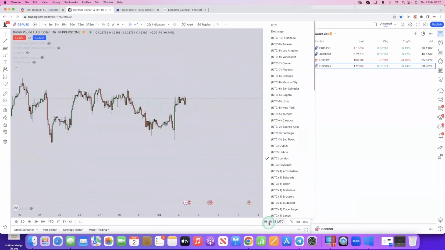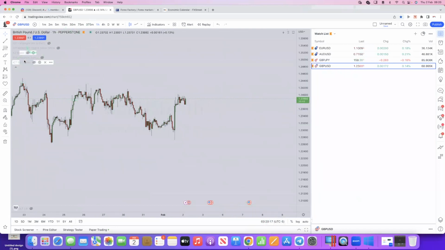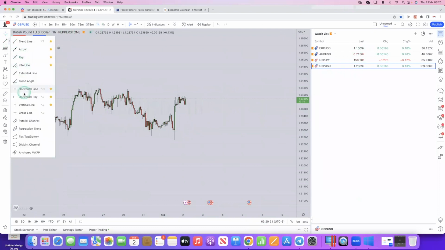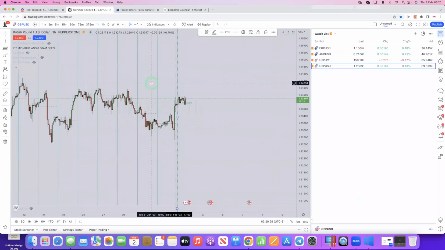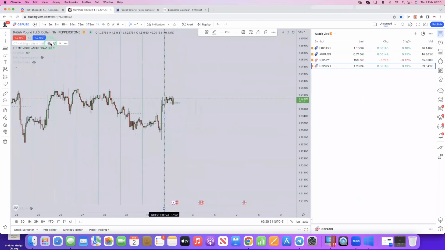We're going to put this into New York time. It's just something I've always done. We're on the hour, and I want to go to the vertical line. I want to put on the midnights, and we're just going to slowly build this up. Let's have a look.